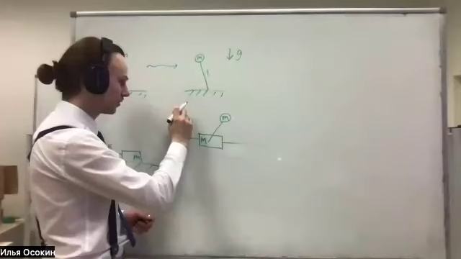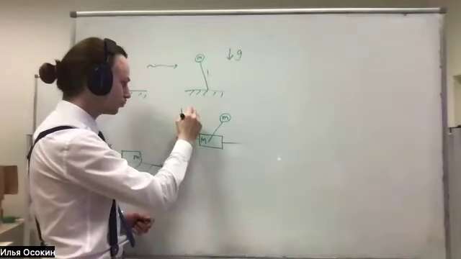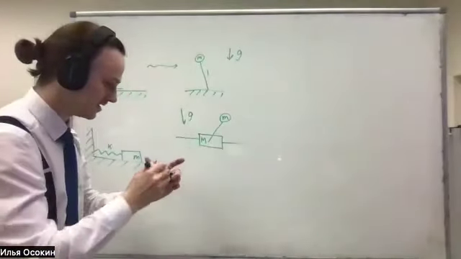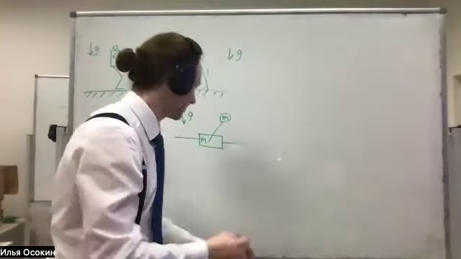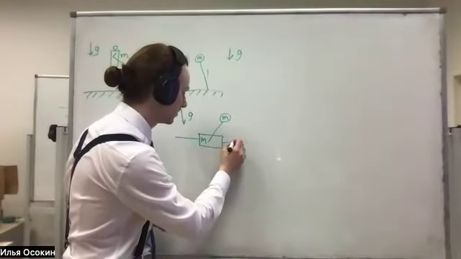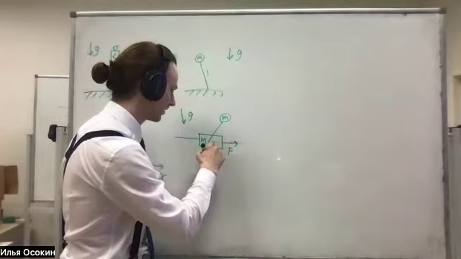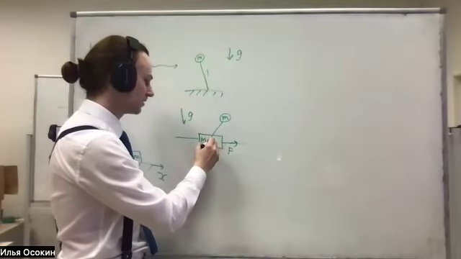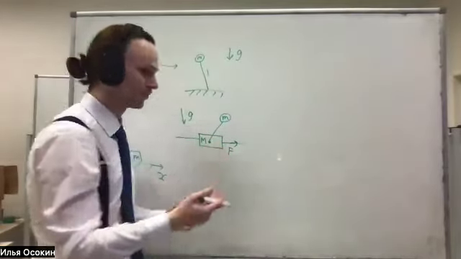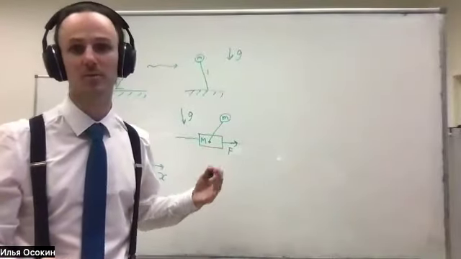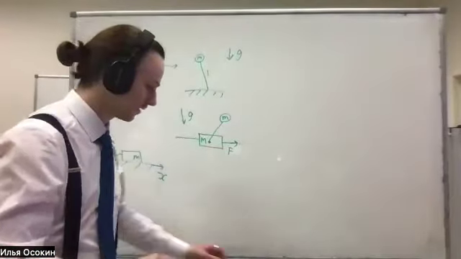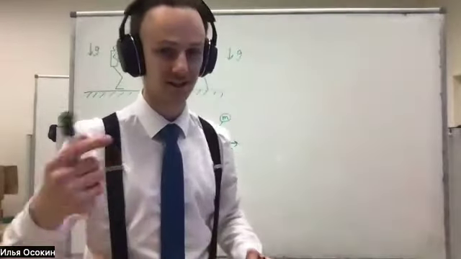Okay, no problem. So the difficulty that we have here is that we can apply forces to this block, to this cart, but this joint is passive, so we cannot act upon this pendulum. It's just hanging.